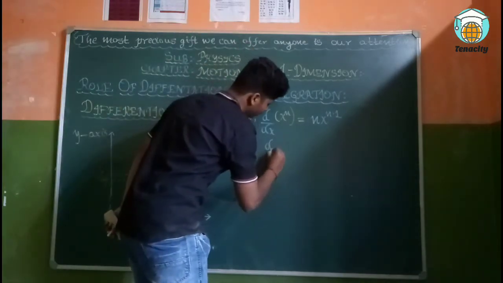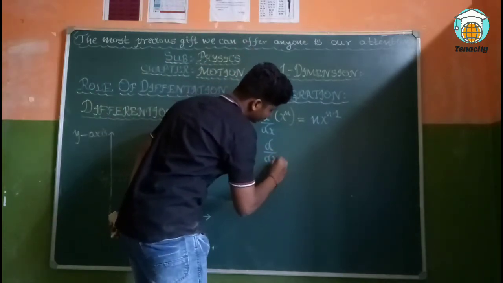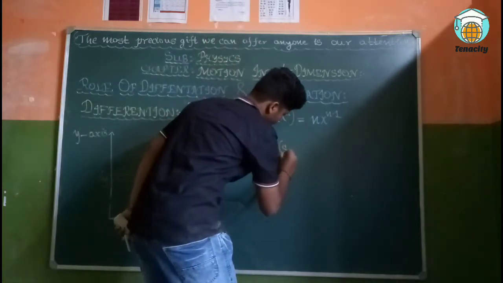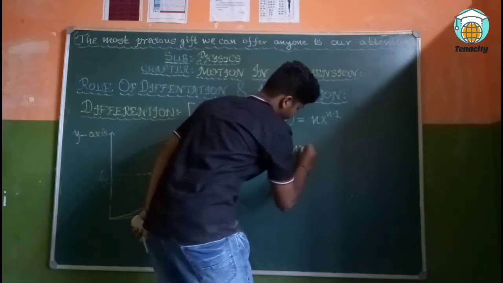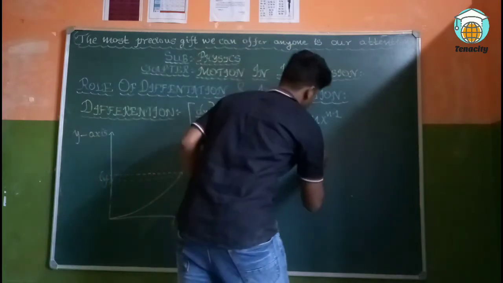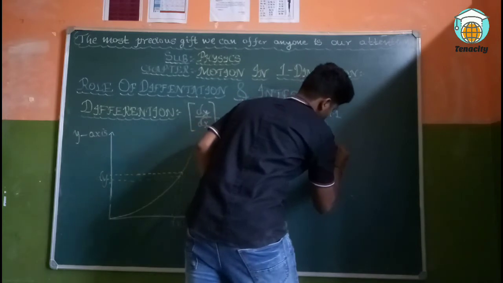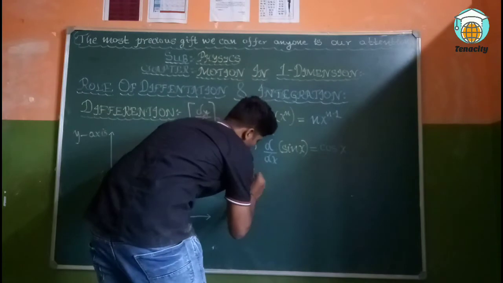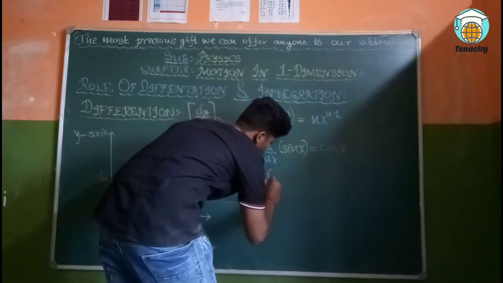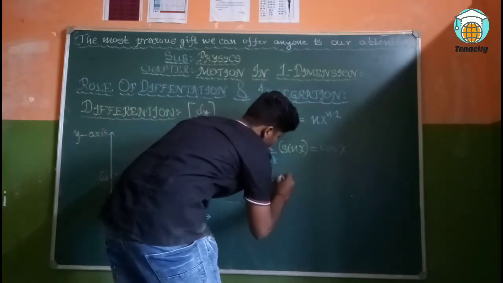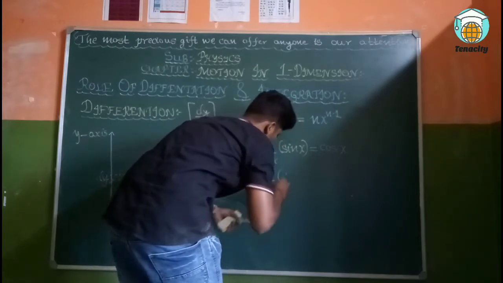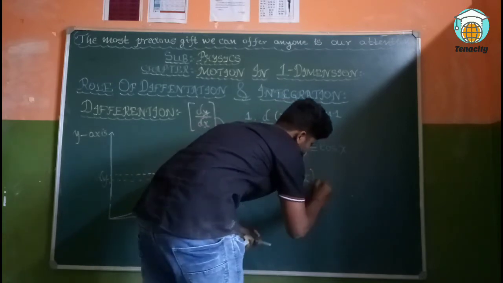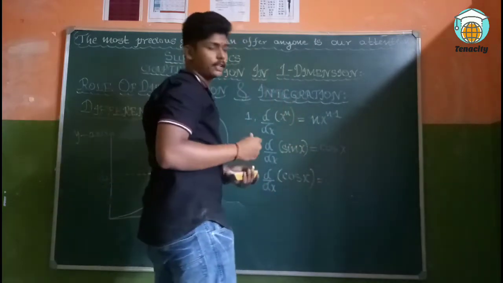The second formula is d by dx of sin x, and that is equal to cos x. And d by dx of cos x is equal to minus sin x.